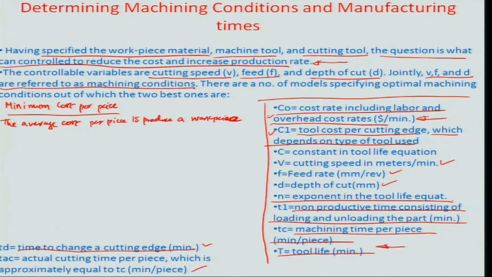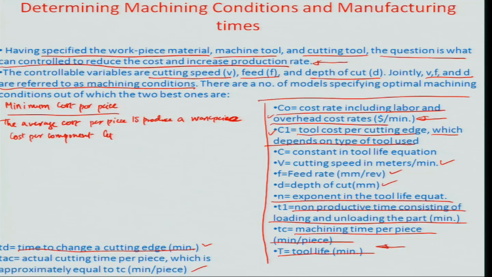The average cost per piece to produce a workpiece, if we split it up into the different costs which sum out to be the average cost, let us say the cost per component, we call this CU in this particular case, the unknown cost.